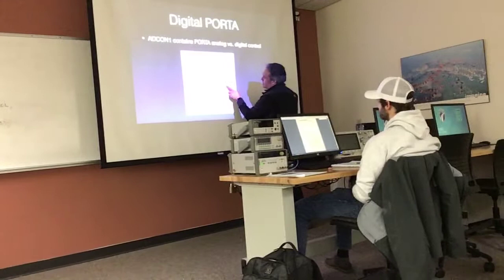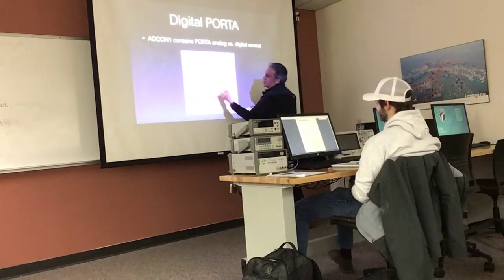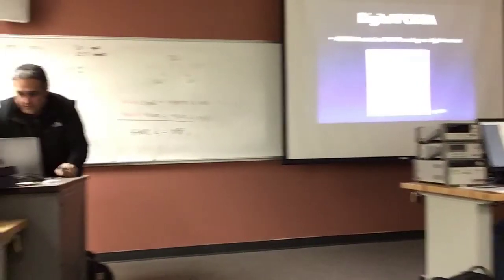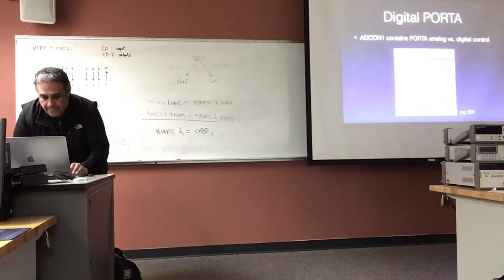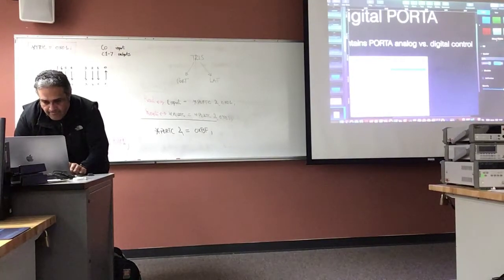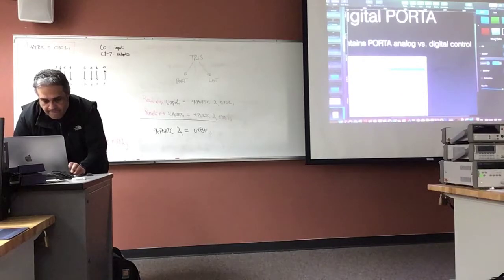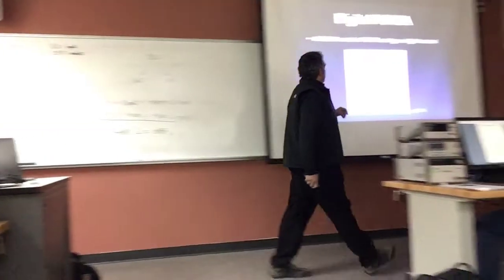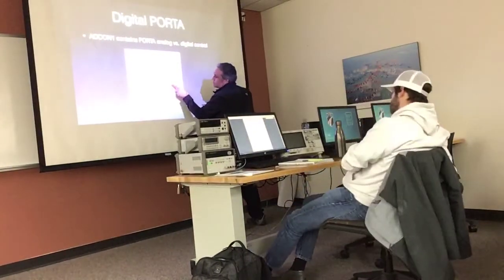So there is 0, 1, 2, 3, and 4. I'm going to change this so that it doesn't control 5 because I don't want you connecting to 5. Make sense? So you have 0, 1, 2, 3, and 4.